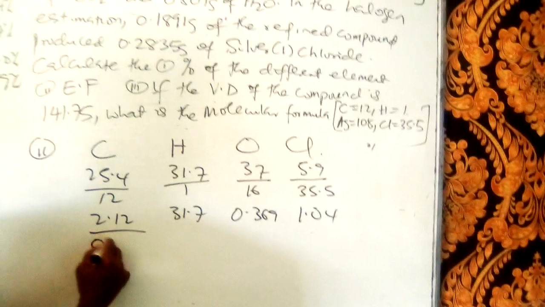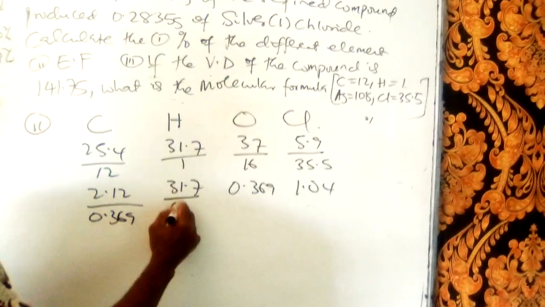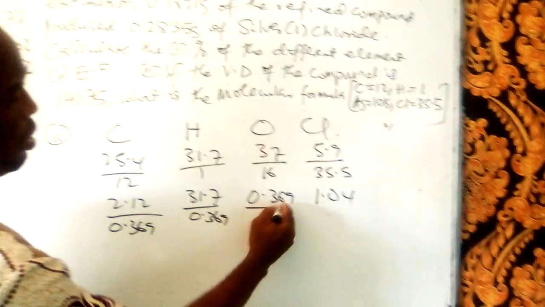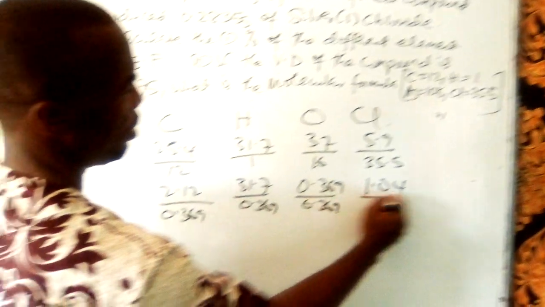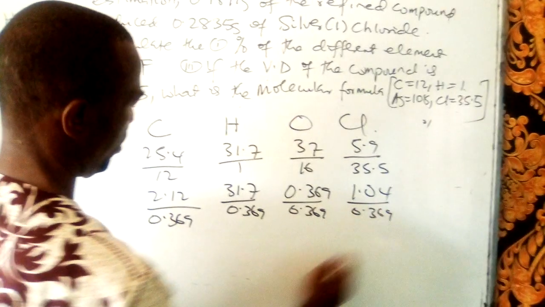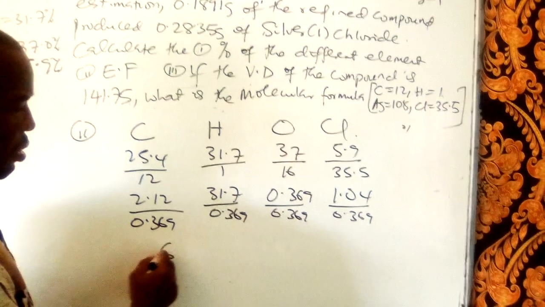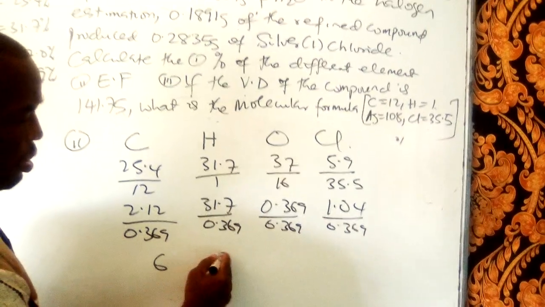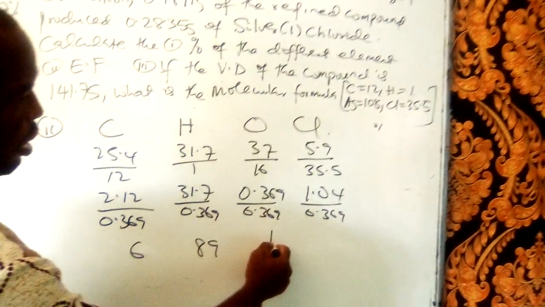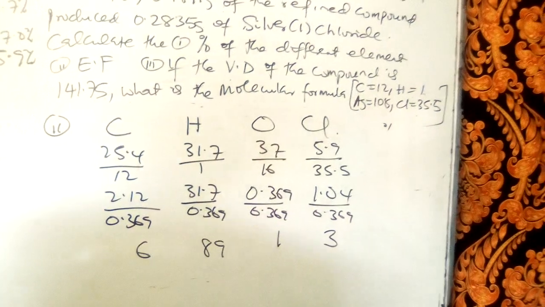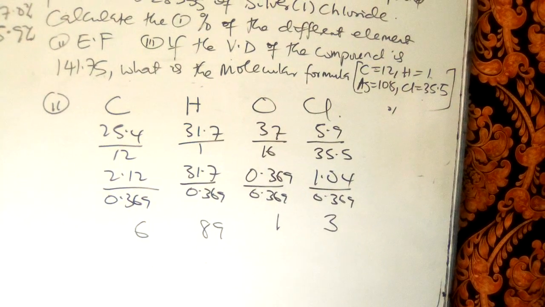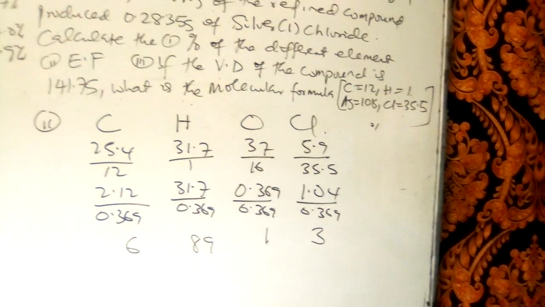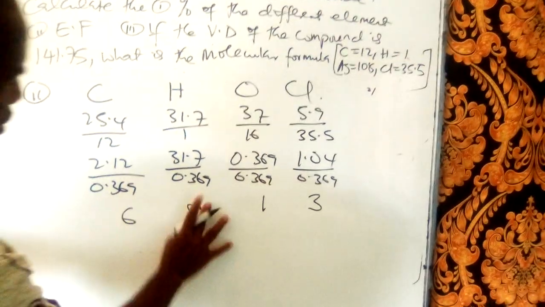So we divide each by 0.369. They give us approximately 6, approximately 89, 1, and then 3. Let's confirm on the calculator. Okay, the hydrogen is 86, not 89.